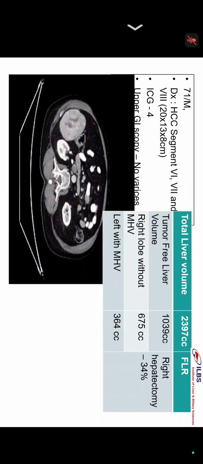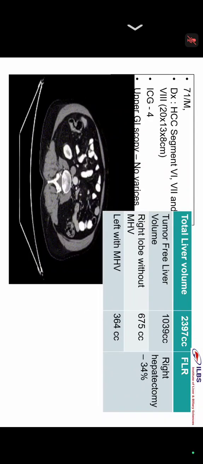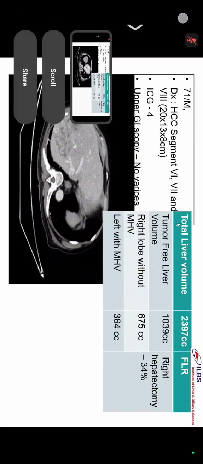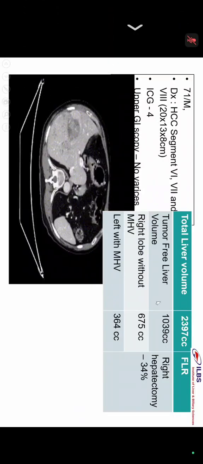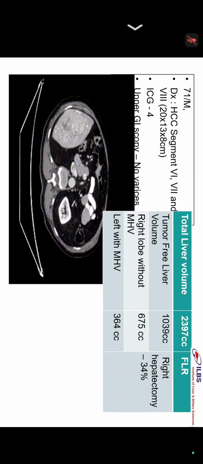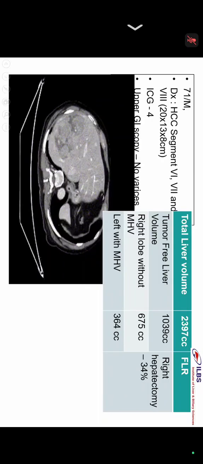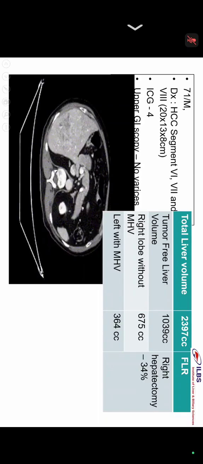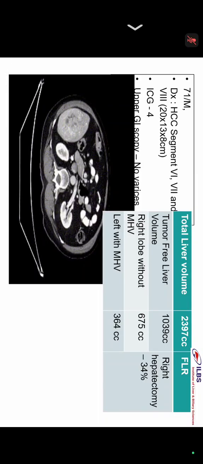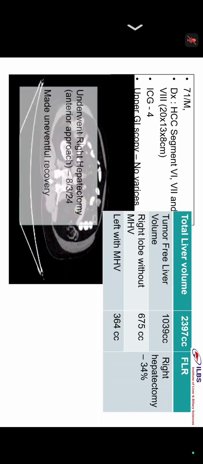The right lobe without MHV was 675, and with the right hepatectomy the remnant was about 34%. The background liver doesn't look that bad, but he did have a bit of chronic hepatitis as well.